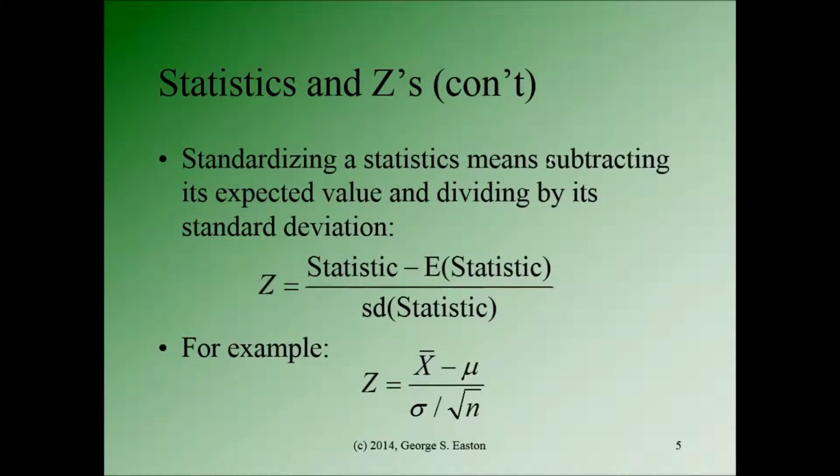So what is standardization? Standardizing a statistic means that you subtract its expected value and you divide by its standard deviation. For example, if you take x-bar and subtract mu, its mean, and then divide by the standard deviation of x-bar, which is sigma over the square root of n, you will get a random variable that's oftentimes labeled Z that will have a standard normal distribution, at least as the sample size becomes large enough that the central limit theorem takes effect.